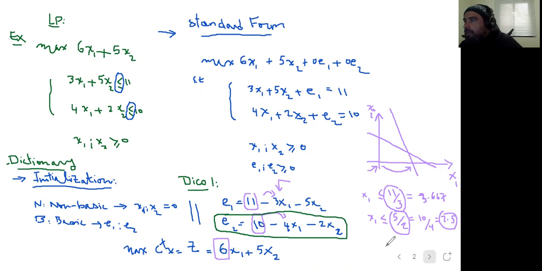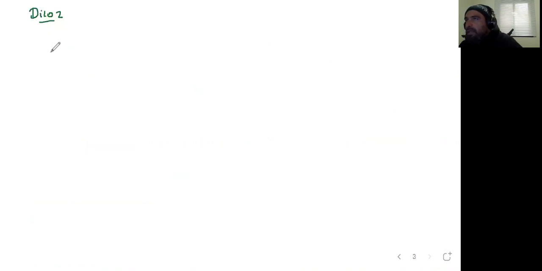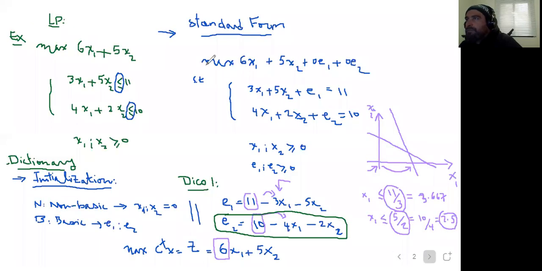I'm going to work with it so that everything is written in normal form. So usually it used to be written like this: E2 equals 10 minus 4x1 minus 2x2, yes.